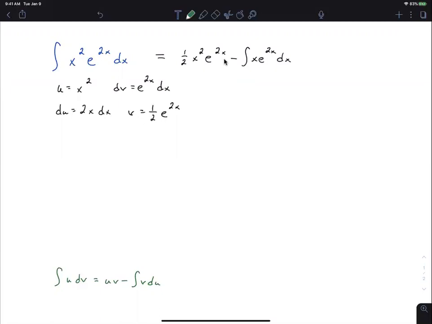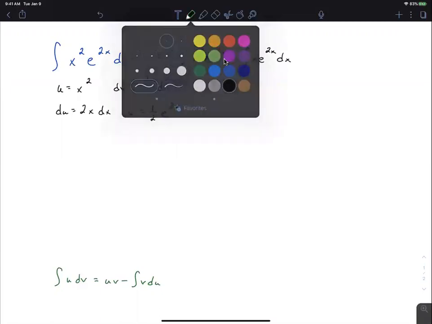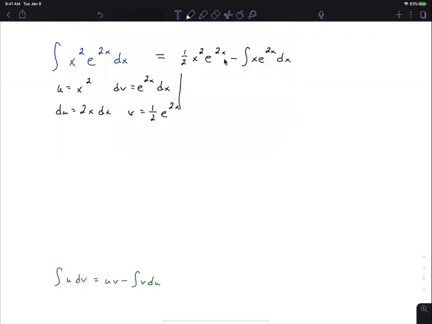Okay, so now we're going to do parts again. So I'm going to block this off, and then we're going to set up u and dv again for this new integral. And for the new integral, u is going to be x, and dv is going to be e to the 2x again, dx. So du is 1 dx, and v is the antiderivative of that, so it's 1/2 e to the 2x.